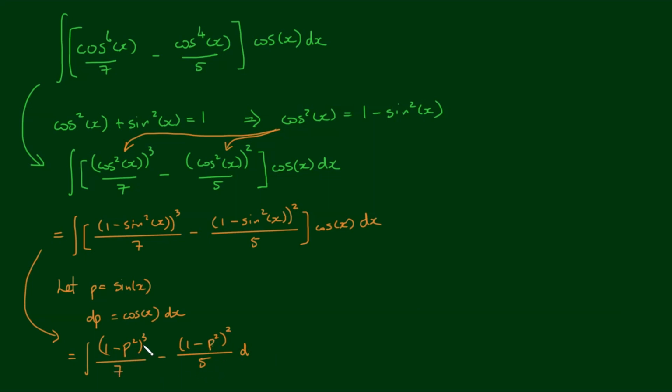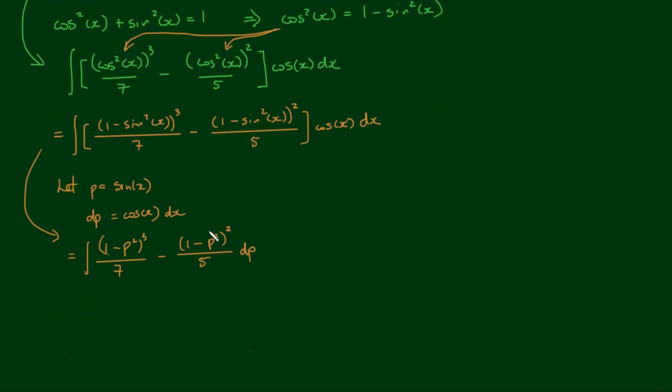We've got (1 minus p squared) cubed on 7 minus (1 minus p squared) squared on 5 dp. Okay, so I'm going to make a binomial expansion here. (1 minus p squared) squared is equal to 1 minus 2p squared plus p to the power of 4.